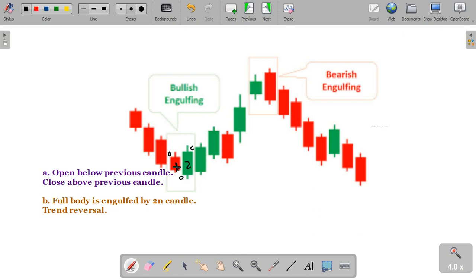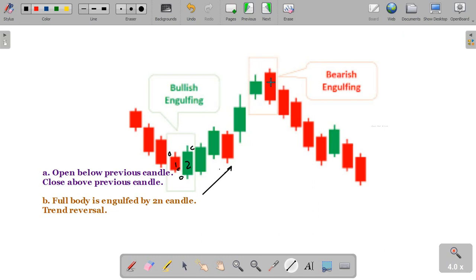The first candle is totally absorbed, or engulfed, by the second green, bullish candle, and from here the market will start going up. Here the market will start going in the upward direction.